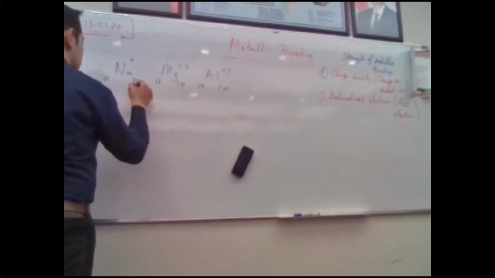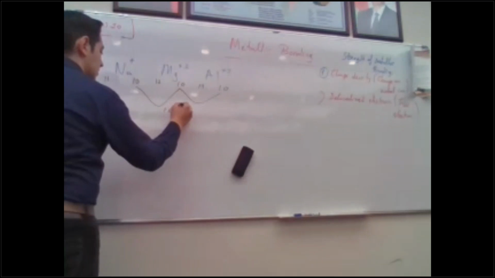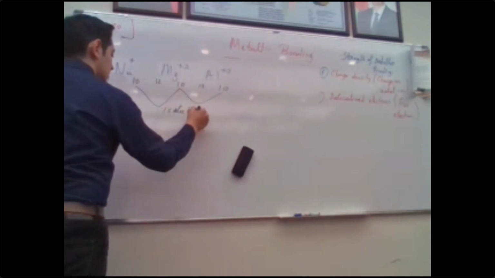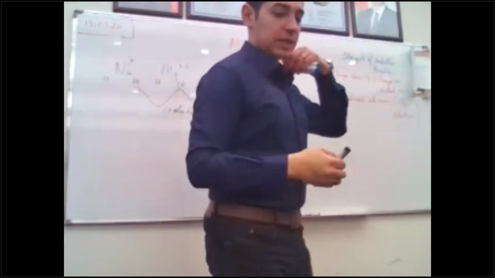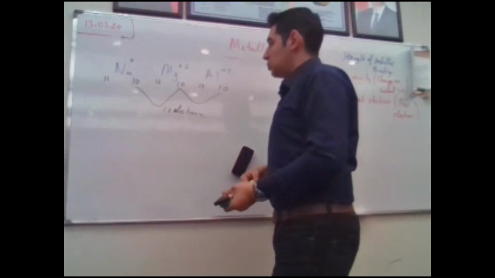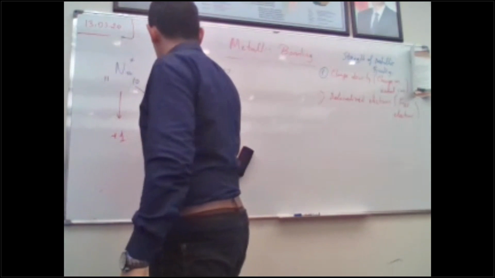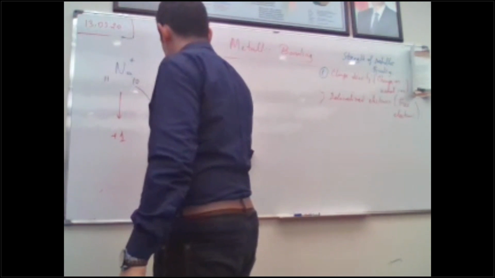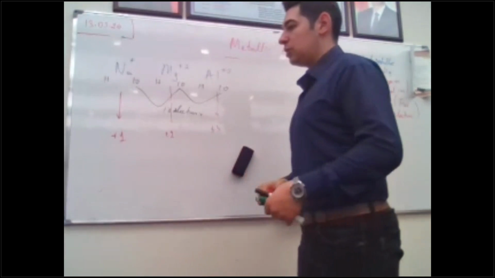We call them isoelectronic, as you now know. But what about the charges of the ions? As you see here, sodium has a +1 charge, magnesium has a +2 charge, and aluminum has a +3 charge. What are we talking about here?